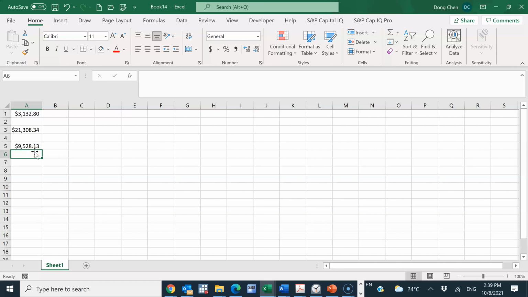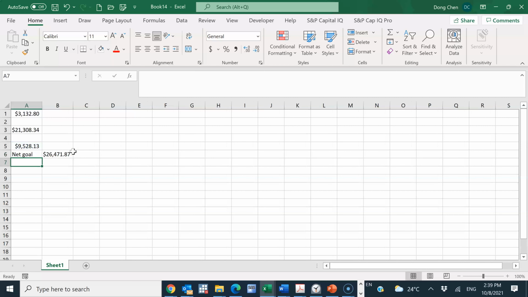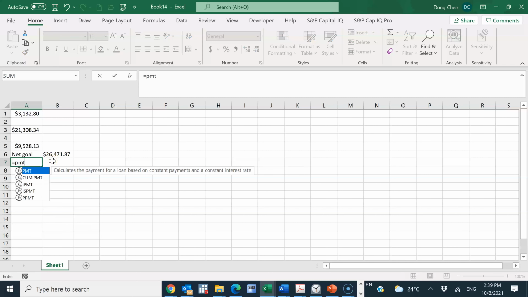So now this means that our net goal should only be the $36,000 minus this amount, right? So this net goal basically should be the future value of the annuity. Now we can use the annuity formula to figure out what the annuity payment should be.